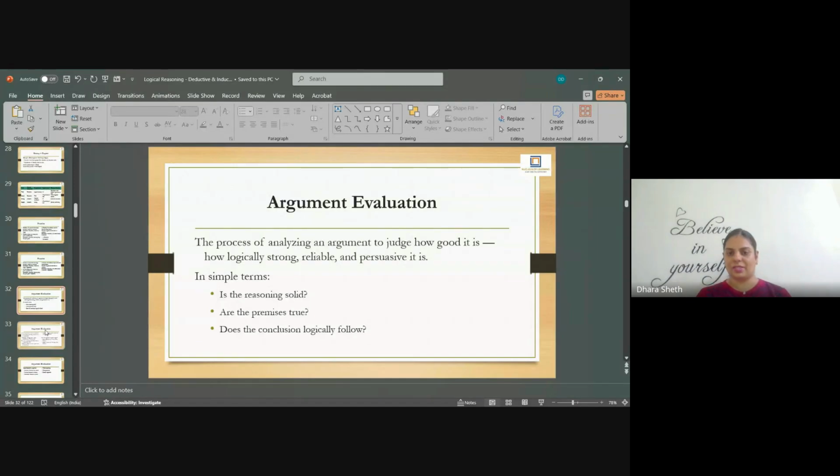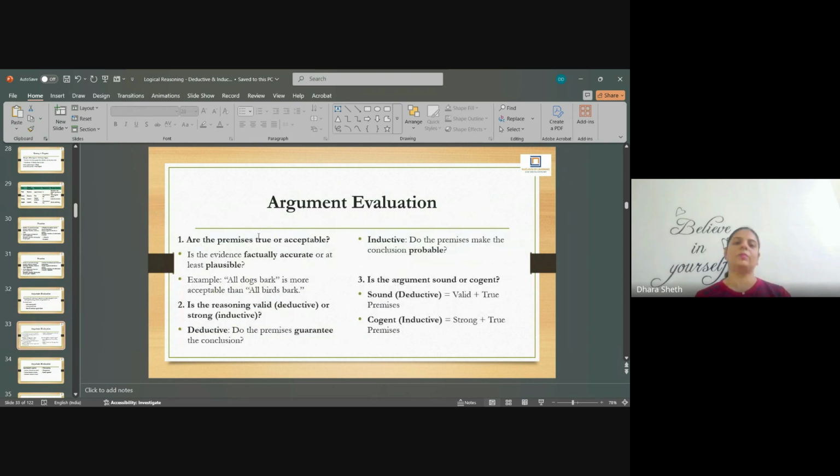Evaluation of argument. So how do you evaluate the argument? 3 questions. Is the reasoning solid? Are the premises true? Does the conclusion logically follow? Are the premises true or acceptable? You need to ask, is the evidence factually accurate or at least possible?